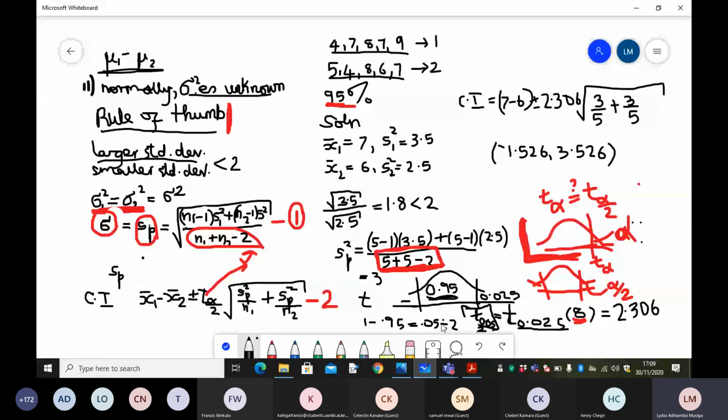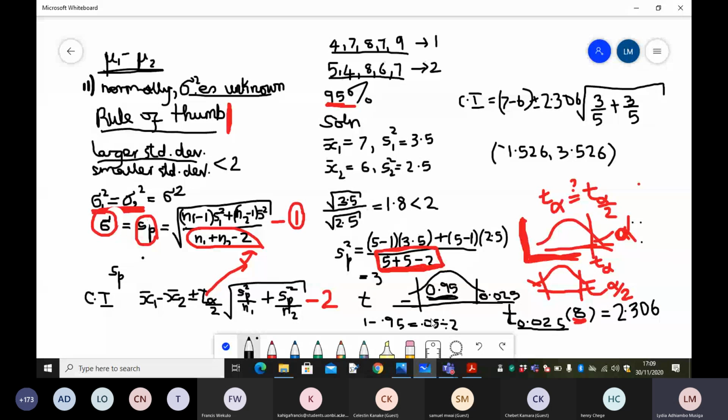Let me make this much clearer, and I'll try to explain again. Now, we have our middle area, which is 0.95. So 1 minus 0.95 is 0.05.